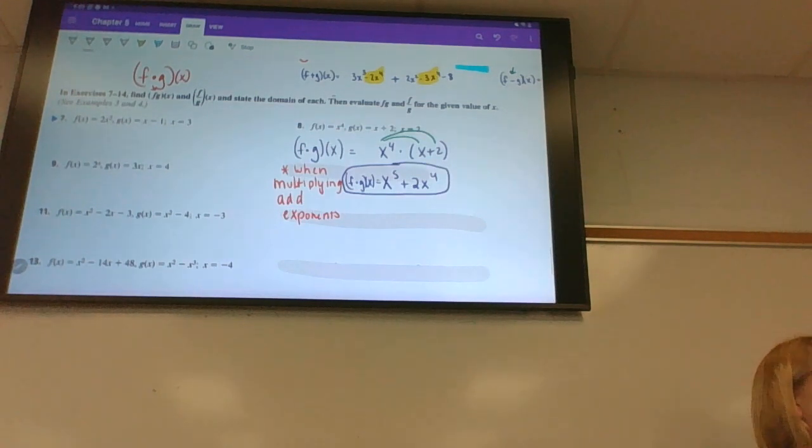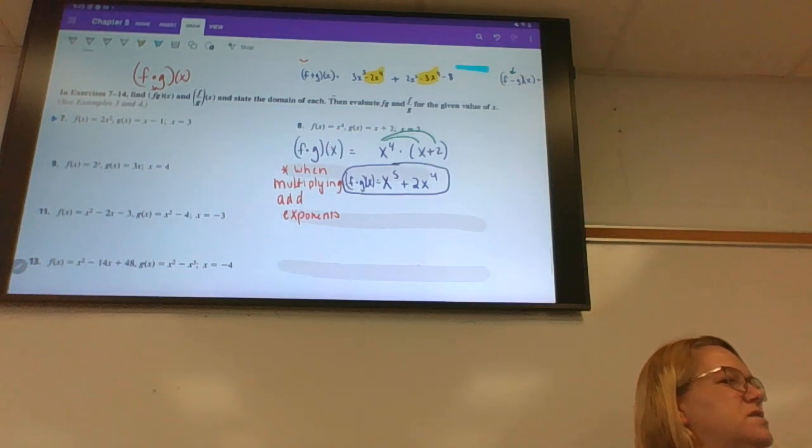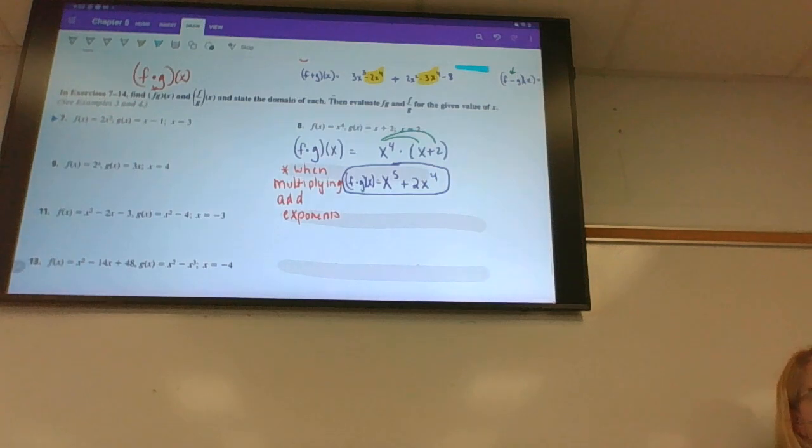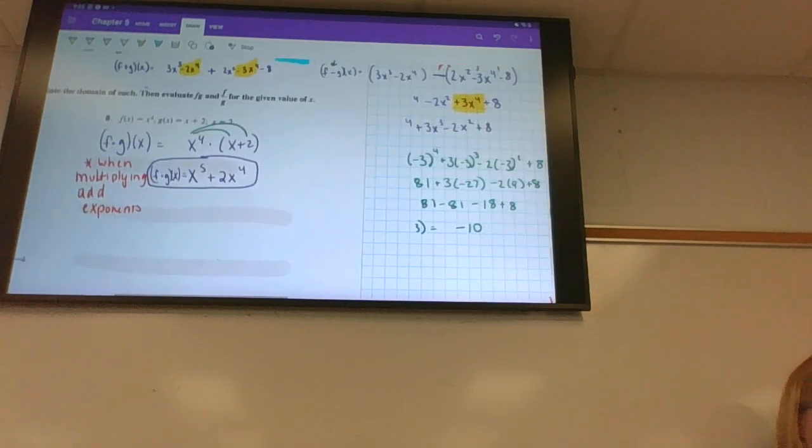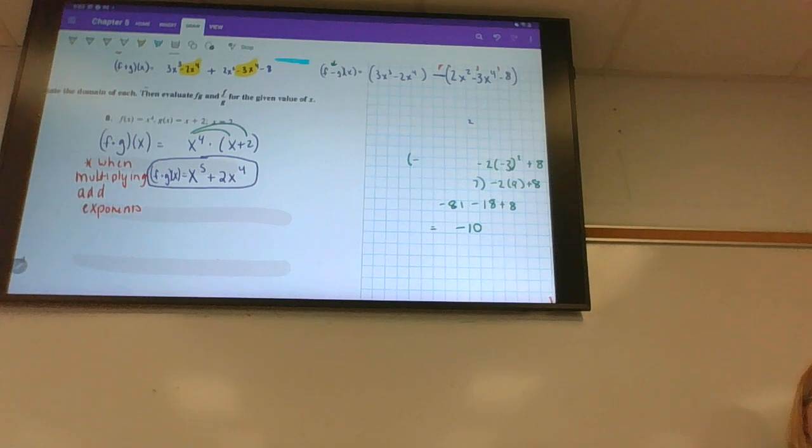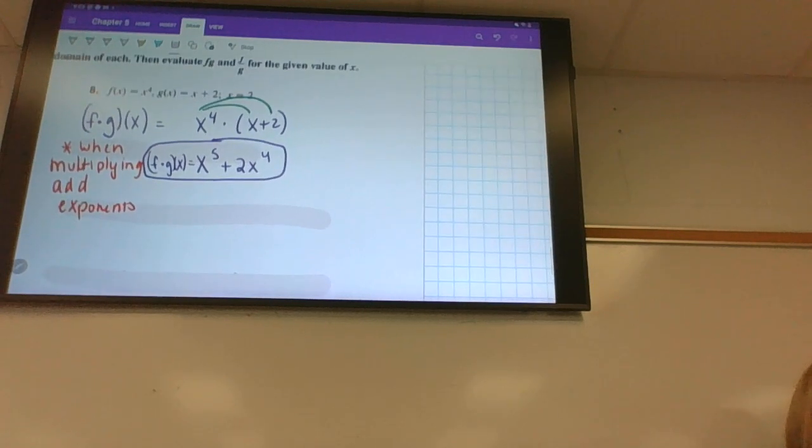See what I mean? It's kind of shorter. I actually find the second half easier than the first half. Just distribution. And now I'll do the fraction, f over g, and that's just x to the 4th over x plus 2.